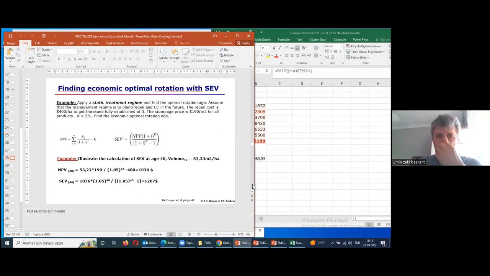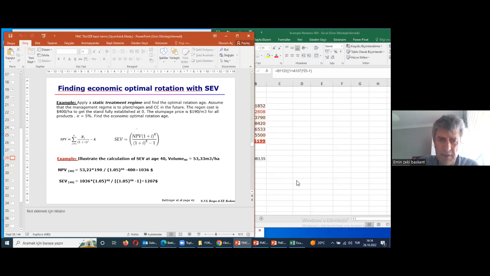So again, we'll give another example, and we will try to use development of yield for a stand. That means the per hectare standing volume or yield is going to be calculated over a number of years, and we will use soil expectation value to decide the optimal rotation period.